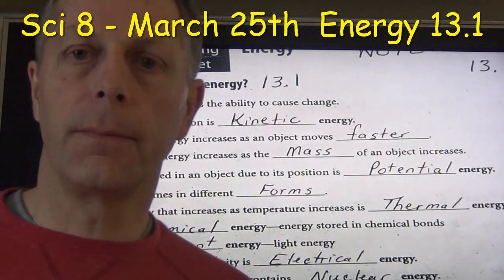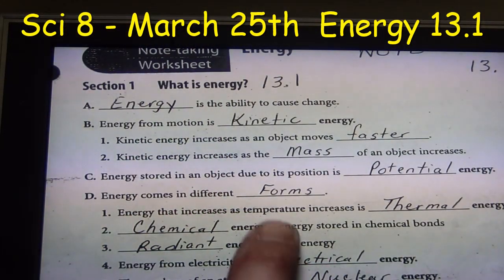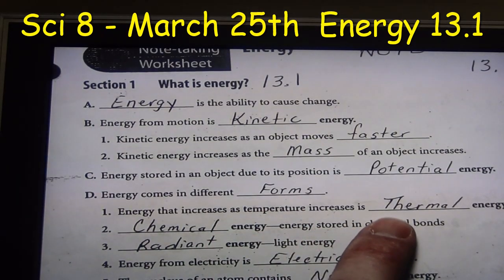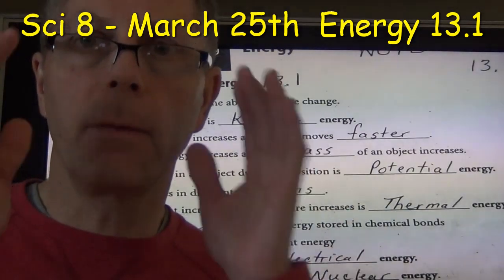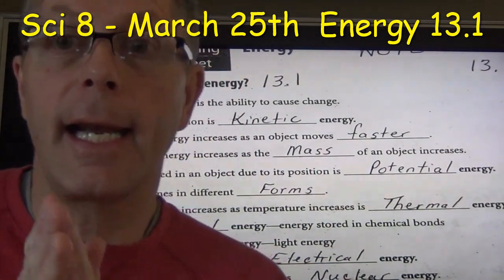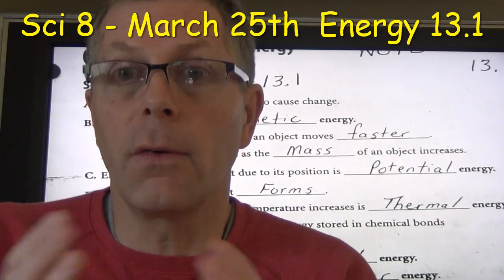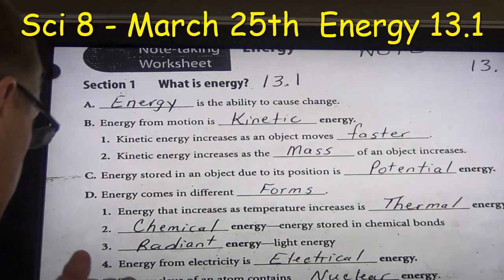Okay, so looking at our fill-ins, all right, energy comes in different forms. Anytime we talk about temperature or heat energy, it's thermal energy. If you remember our phase change chart, down at the bottom of the chart, we talked about thermal energy and how really all matter changes phases because of thermal energy or heat energy. It's the temperature of an object.